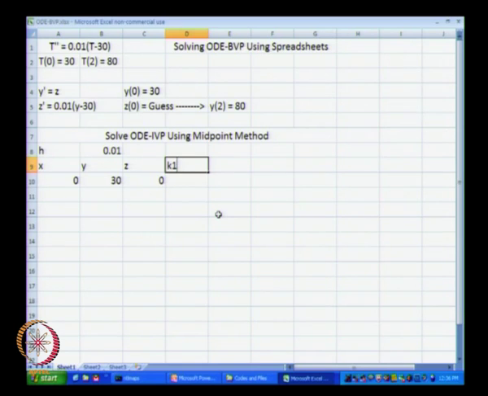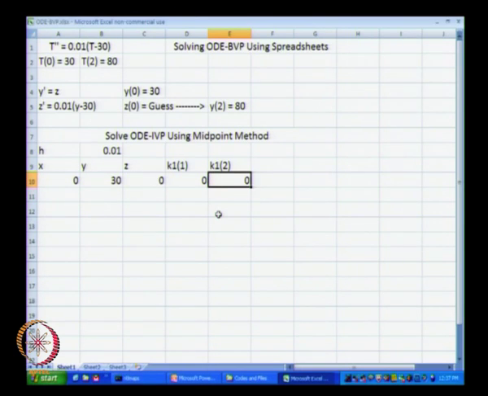For the midpoint method we will require k1 for variable 1 and k1 for variable 2. K1 for variable 1 is going to be nothing but the z value that comes over here. So this is going to be our k1. K1 for variable 2 is going to be nothing but 0.01 multiplied by y minus 30.